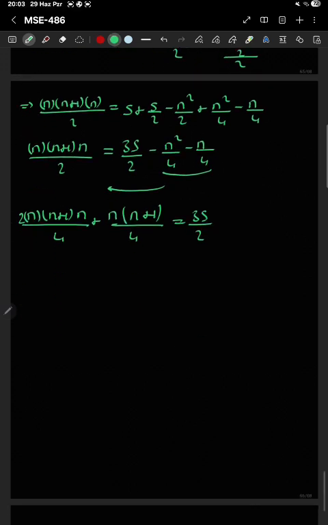Okay, what do we get if we continue? I think if we take the parentheses, the n times n plus 1, we get 2n plus 1. I just want to make it better. 2n plus 1, n times n plus 1 over 4 is equal to 3s over 2, right?